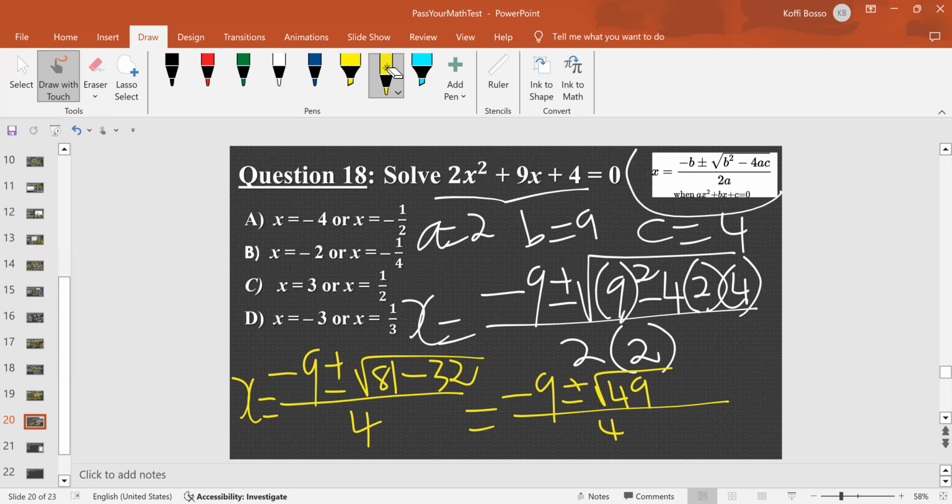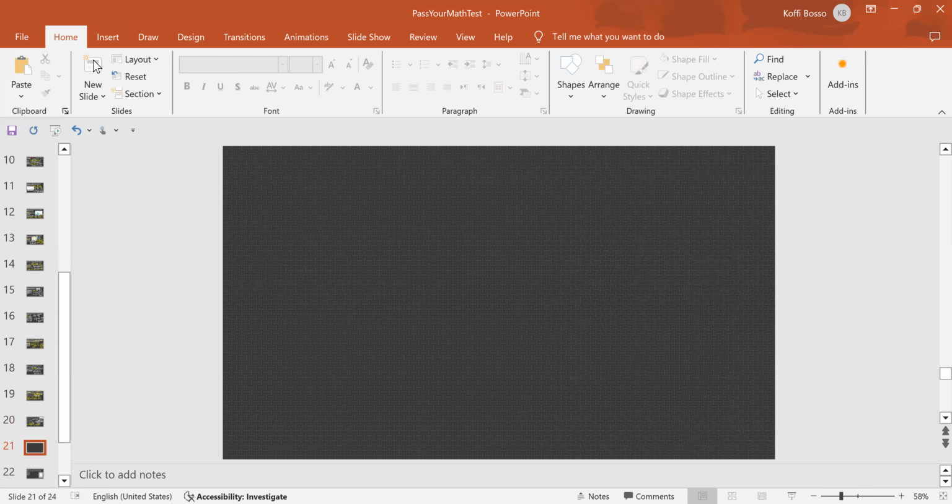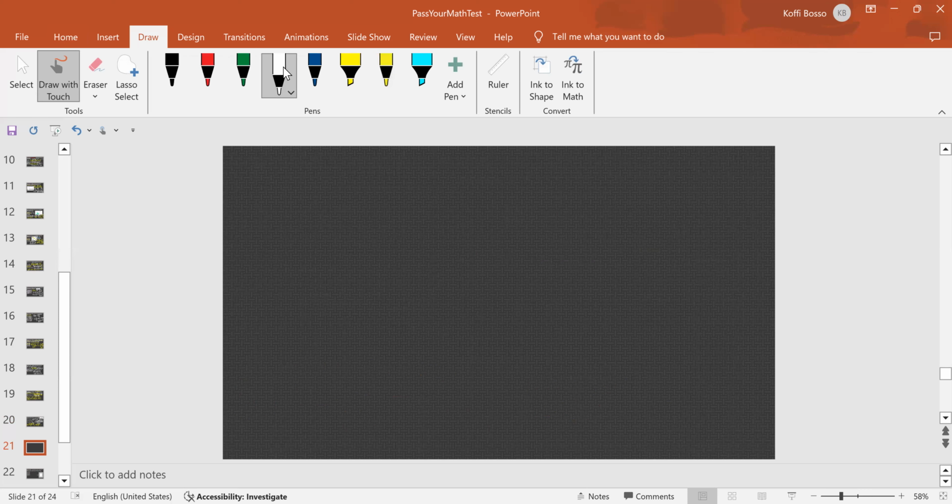Now, let's see what's going to happen. We're going to have two different solutions. So let's use a different slide. We say x equals negative 9 plus minus square root of 49 divided by 4. This will give you two solutions.